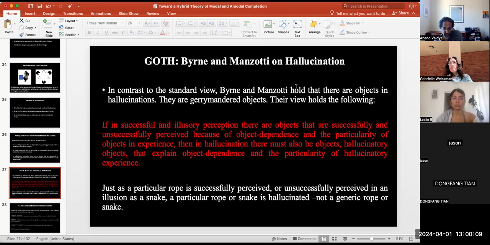So in this case, your hallucination isn't of a generic person, it's of a particular person. You're hallucinating a particular person from your past experience.